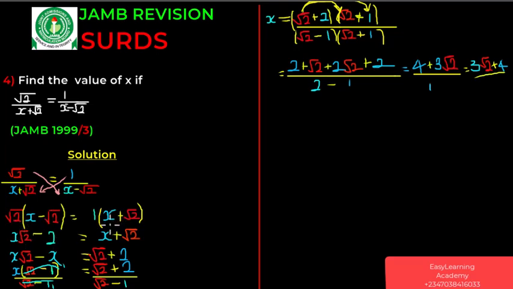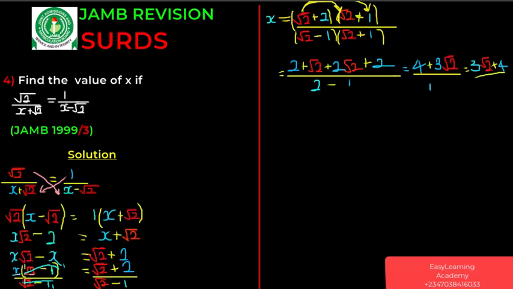Collecting like terms, the x here moved down and became minus x, this minus 2 crossed over and became plus 2, and then we factorized because x is common.